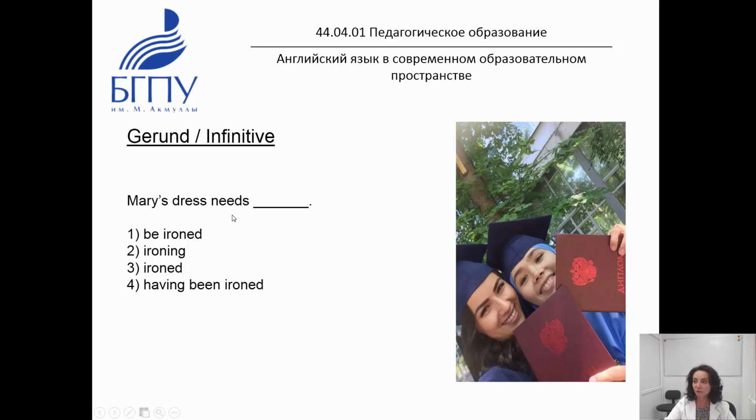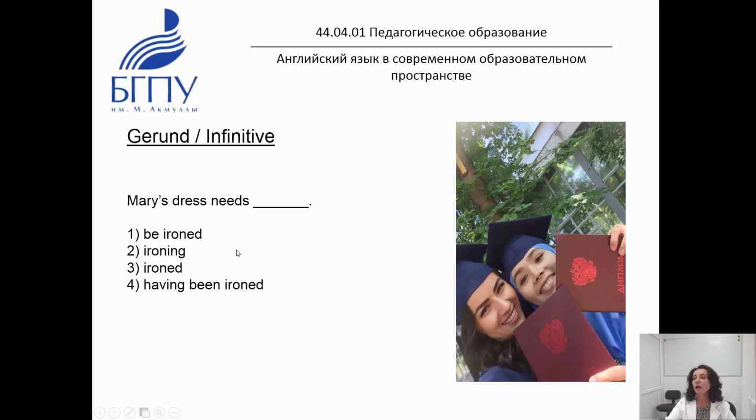And here we've got the verb need. The verb need is referred to the class of verbs of mental activity. That's why the particle to is obligatory after this verb. For instance, Mary's dress needs to be ironed is the right variant, but there is no "to" here. That's why be ironed is the wrong variant.